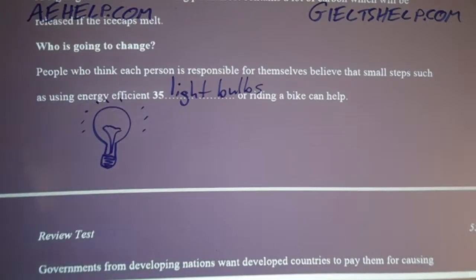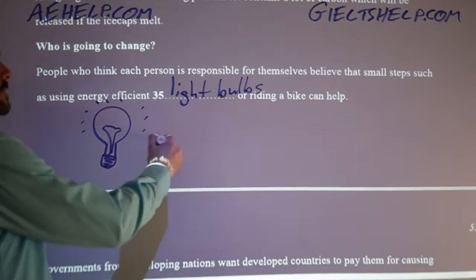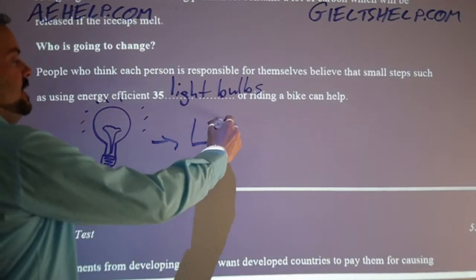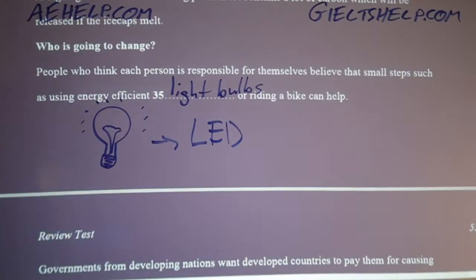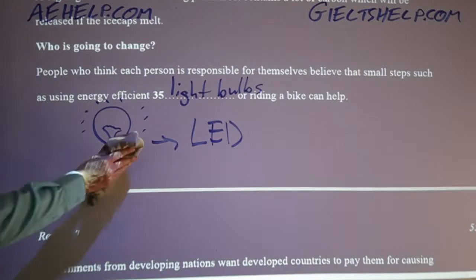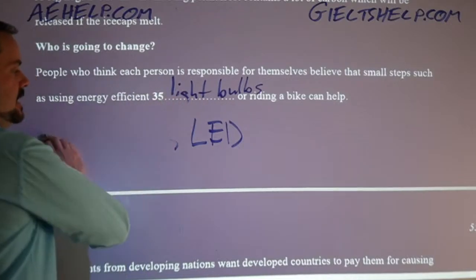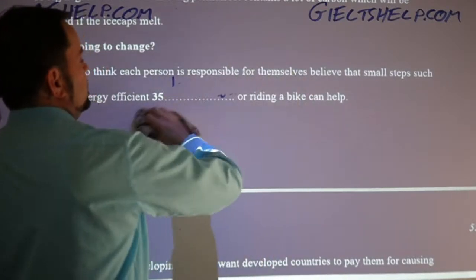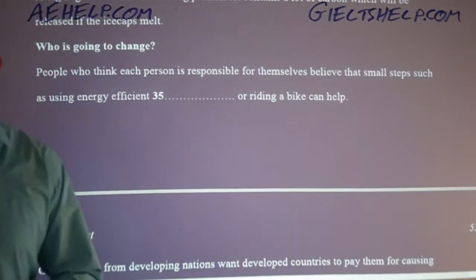You're probably all using one right now. So light bulbs, energy efficient light bulbs, LEDs, right? An LED would be considered an energy efficient light bulb. An LED uses way less electricity, doesn't need that piece of glass and metal, very bright. Okay, so LEDs.